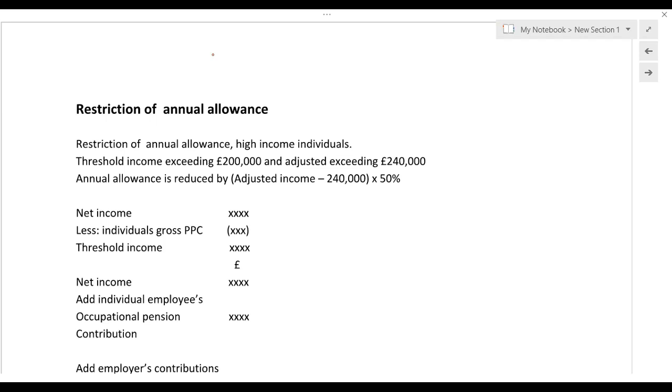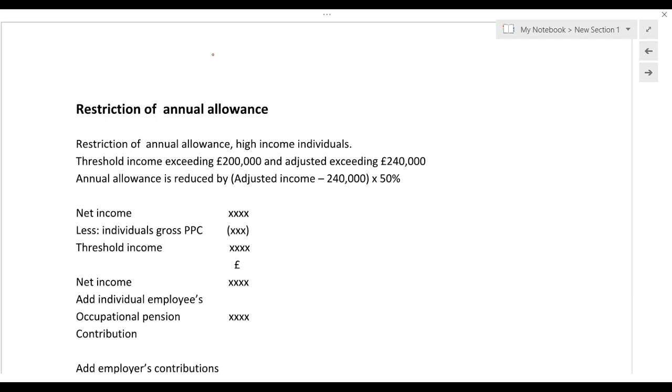Now the question is, when does annual allowance limit reduce? What are the conditions? When two conditions are met, then the annual allowance limit starts reducing.